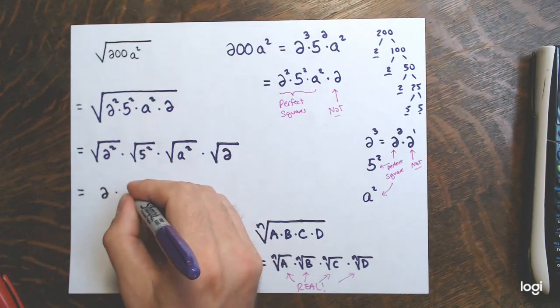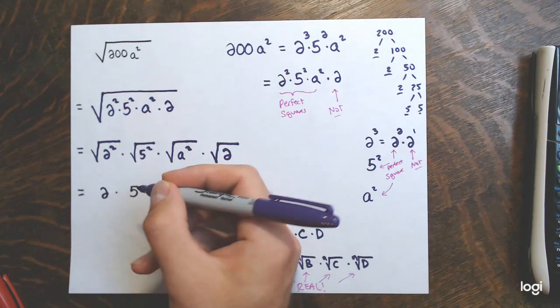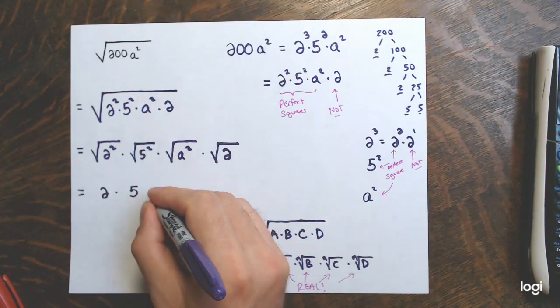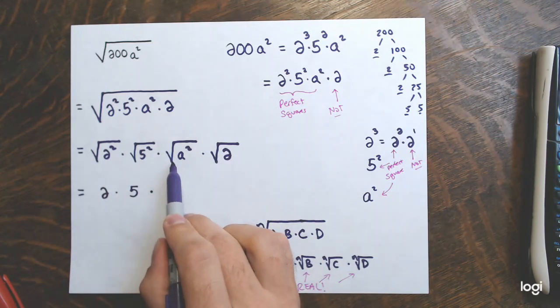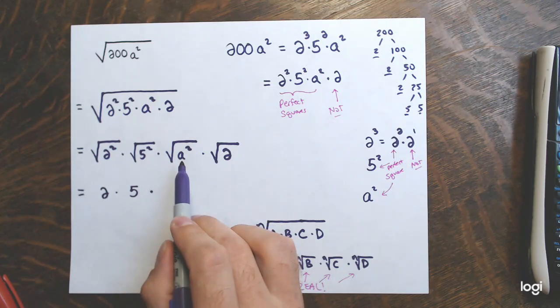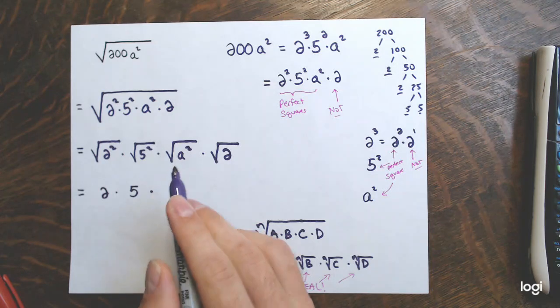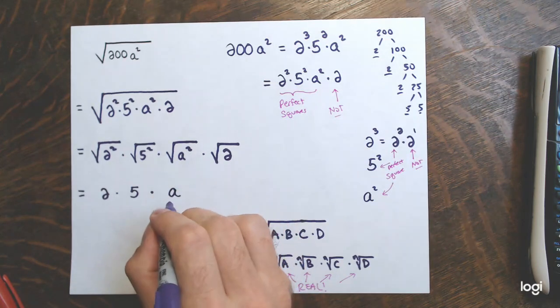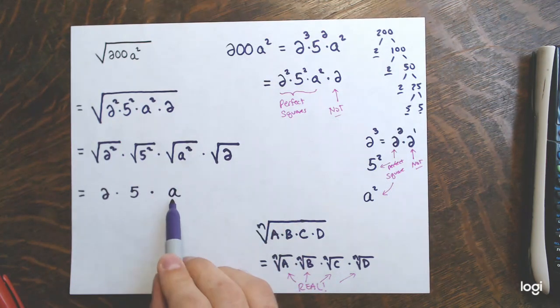The absolute value of 5 is 5. Times, here's where we've got to pay attention, it's a variable. The square root of a squared is not just a. This is wrong, because what if a is negative?